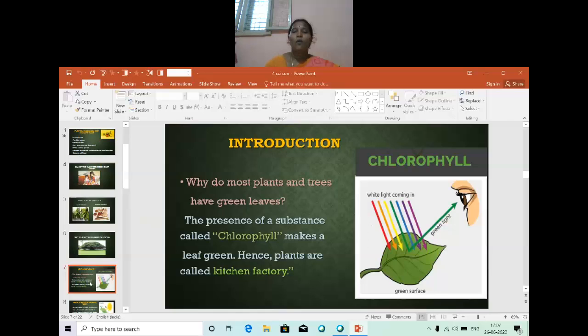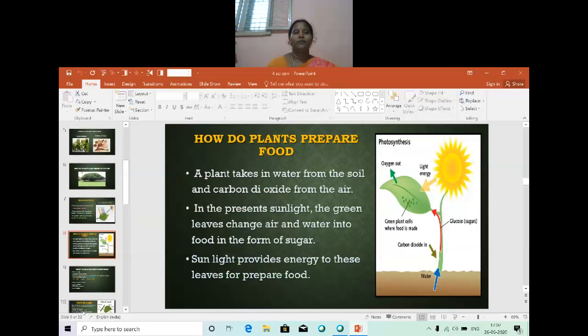Then, plants are called the kitchen factory. Why are plants called the kitchen factory? Plants are called kitchen factory because, just as a mother prepares the food in the kitchen, in the same way plants prepare food for themselves as well as for animals and human beings also.